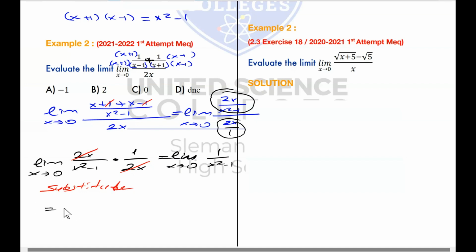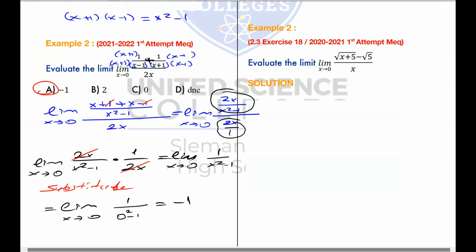So limit as x approaches 0 of 1 divided by x squared minus 1 becomes 1 over 0 squared minus 1. So 1 over minus 1, which gives me option A.